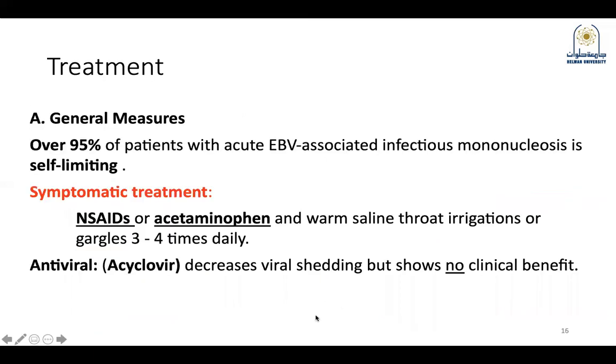How to treat them? As a general measure, this is a self-limiting disease in 95% of the cases. Like any virus, it clears and cures spontaneously. So what we could do is provide symptomatic treatment in the form of non-steroidal anti-inflammatory drugs or acetaminophen, and warm saline for throat irrigation and gargles 3-4 times a day.